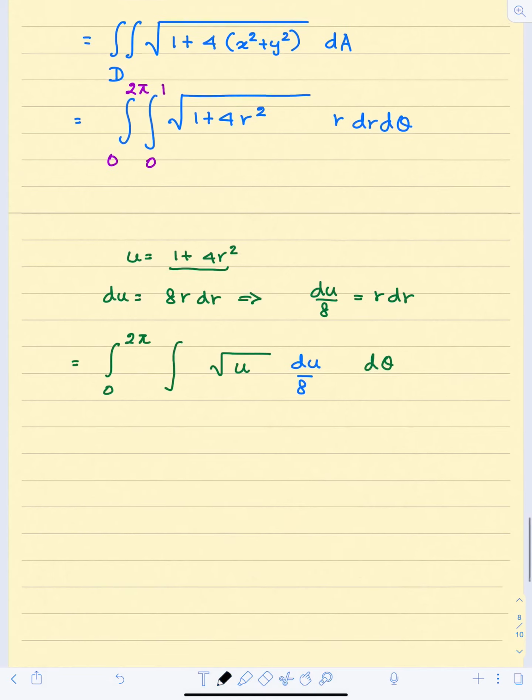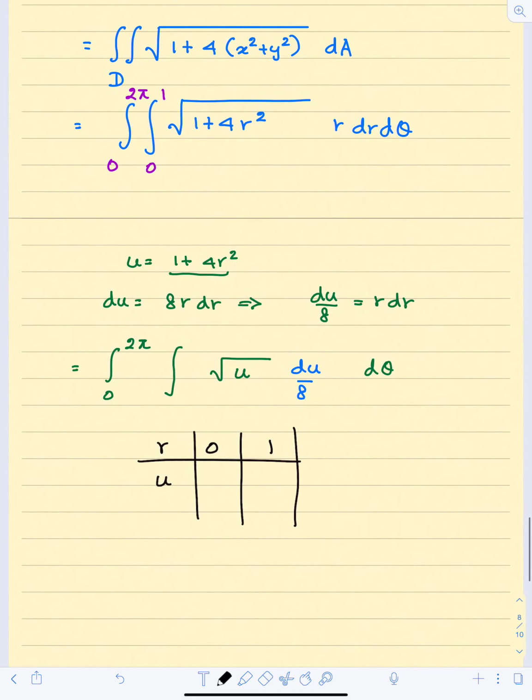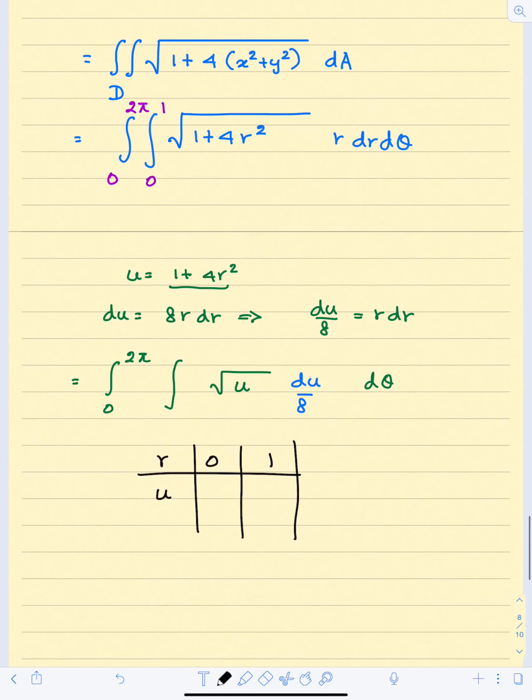Usually what I do is I make a small table like this. We know that r goes from 0 to 1, and this is the way we connect u and r. If r equals 0, u should be 1.